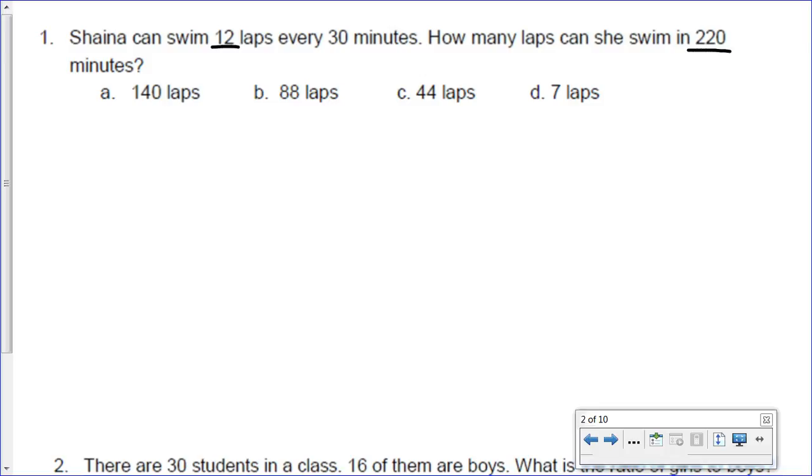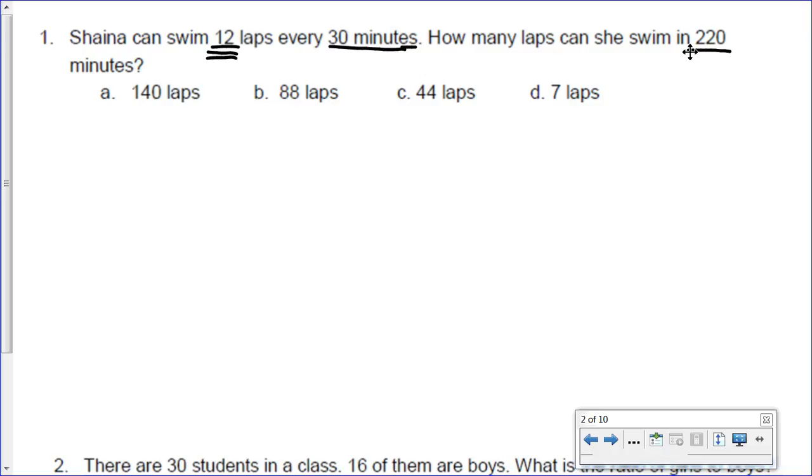Well, a certain amount of 30-minute time periods go by in 220 minutes. We just have to figure out how many of those time periods go by. Once we know that, we know every time one of those time periods went by, we can add another 12 in there, okay? That's one way to think about it.